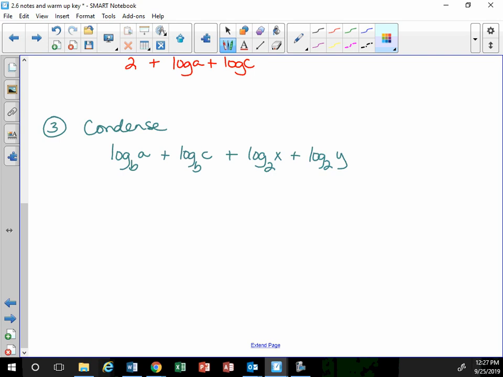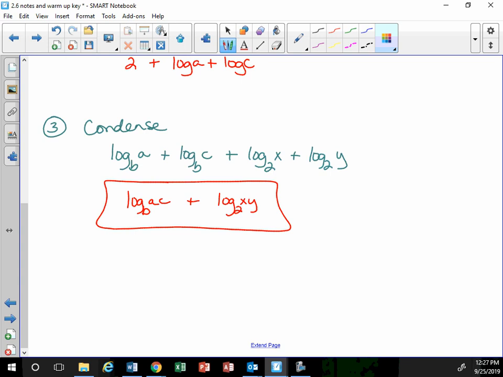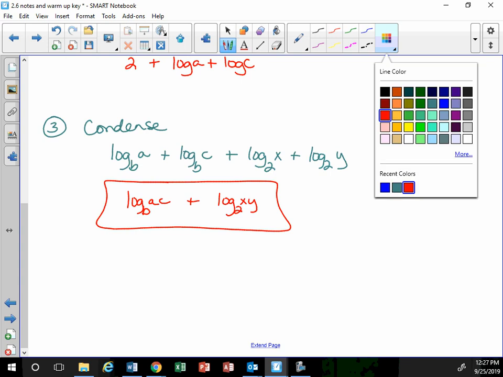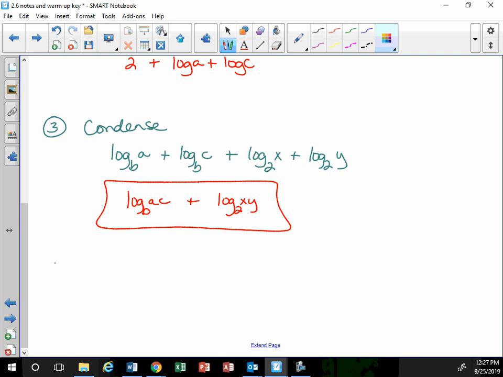So first, can I condense that all into a single log? No, I have to have the same base, right? So log base B, Sean, what's that going to be? Good. Plus, what's the rest going to be? Okay, simple so far? All we've done is add and multiply.